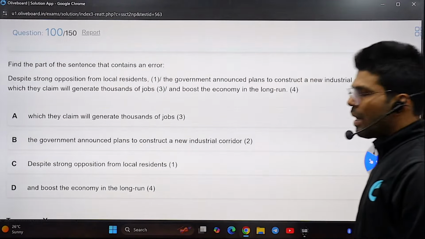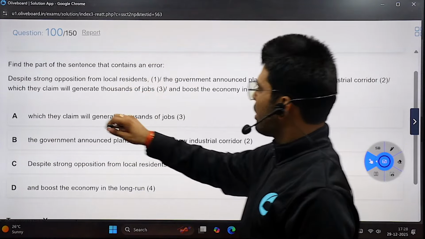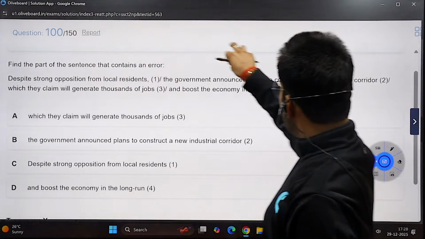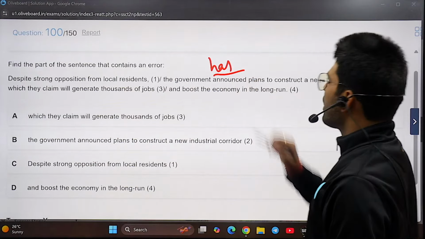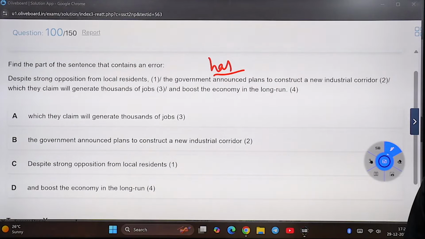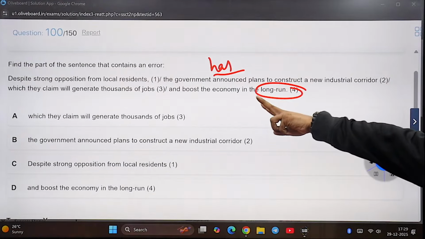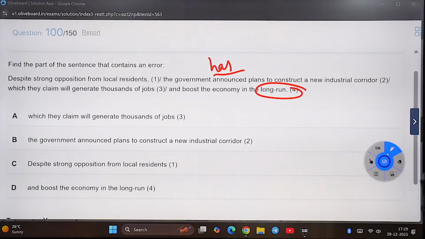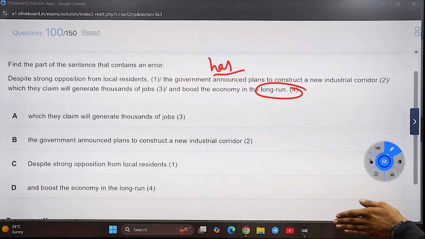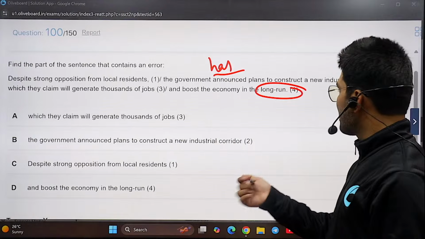I did the same. This is present tense, which they claim will generate. So instead of changing these two, I changed this, putting in present. I thought it's not the correct answer, by the way. We missed this, but I thought that's present. Two verbs out there, so let me change this then. Despite strong opposition, the government has announced plans to construct this, which they claim will generate thousands of jobs. So I clicked this and went ahead. Time and tense inconsistency.